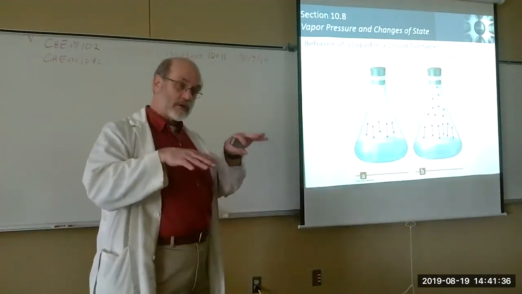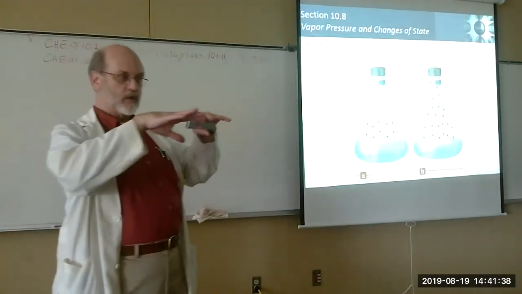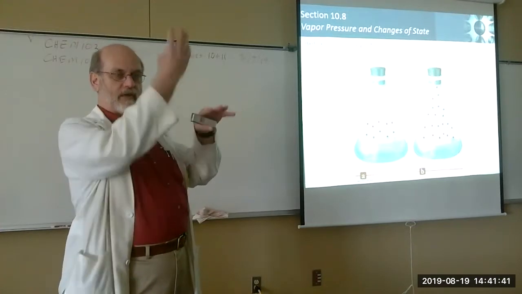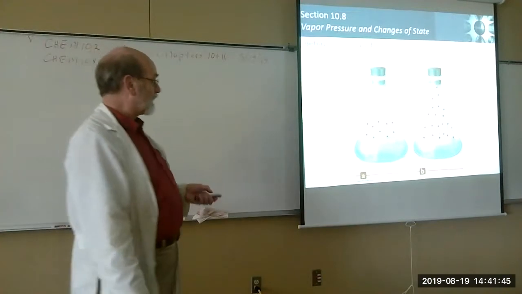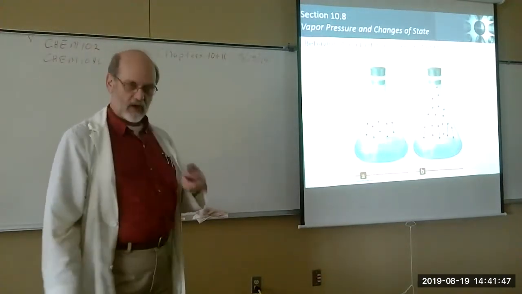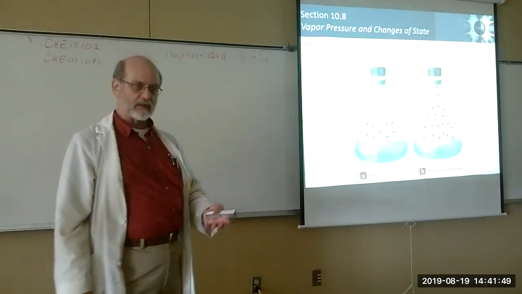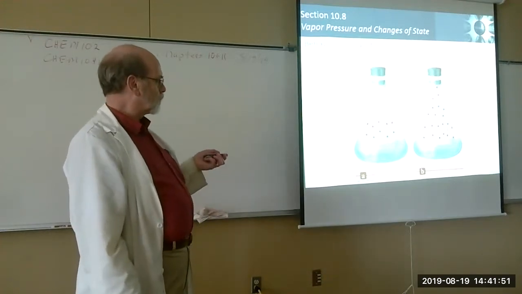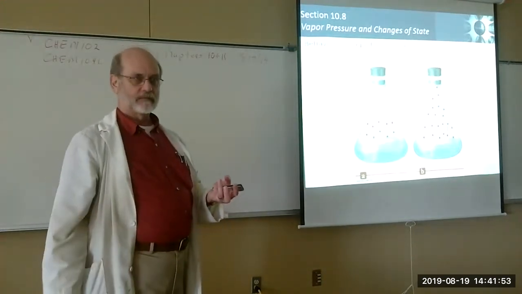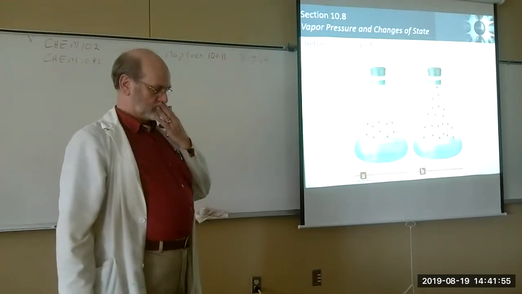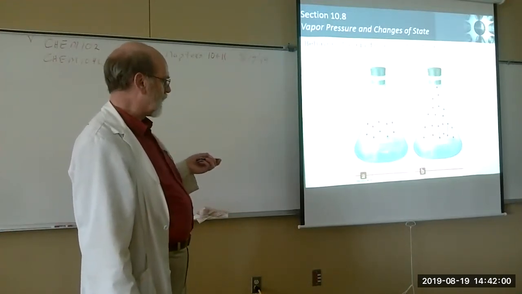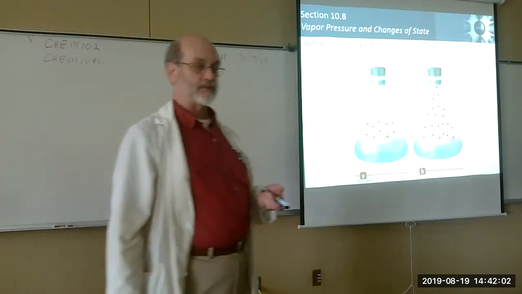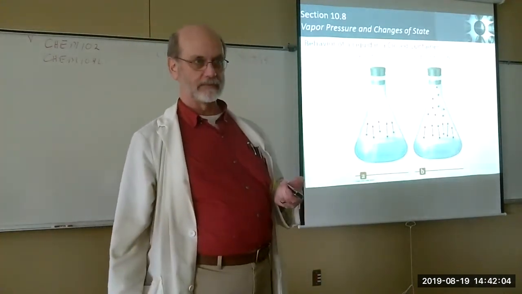So at some point, at a given temperature, you reach an equilibrium of evaporation versus condensation. Depending on the type of compound, this will occur at different temperatures. In general, the more polar the compound, the higher the temperature at which you reach equilibrium.